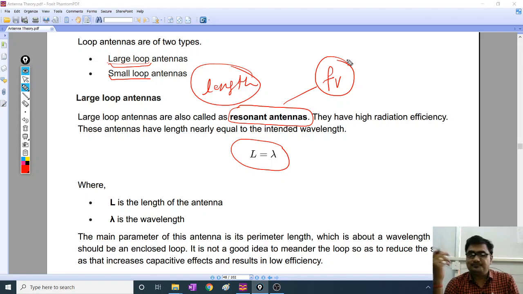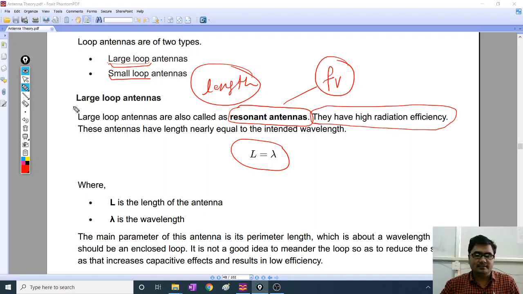Apart from that, large loop antennas have very high radiation efficiency. These antennas have length equal to the wavelength.